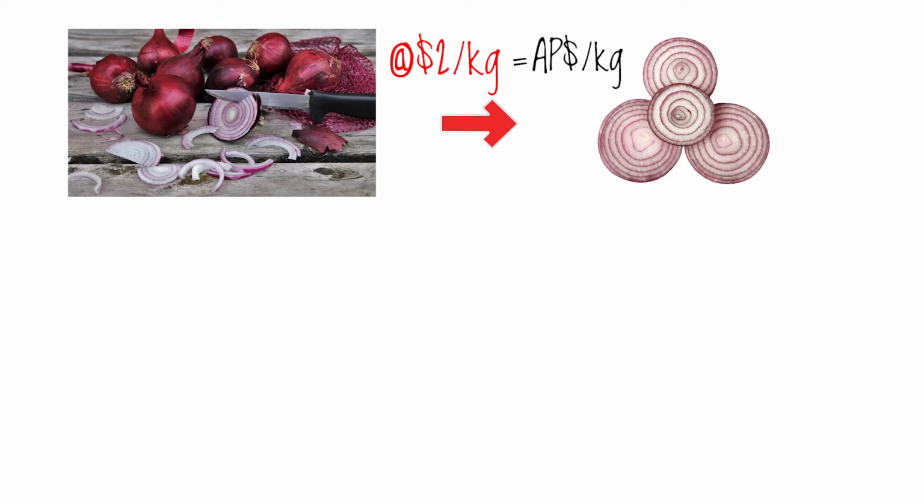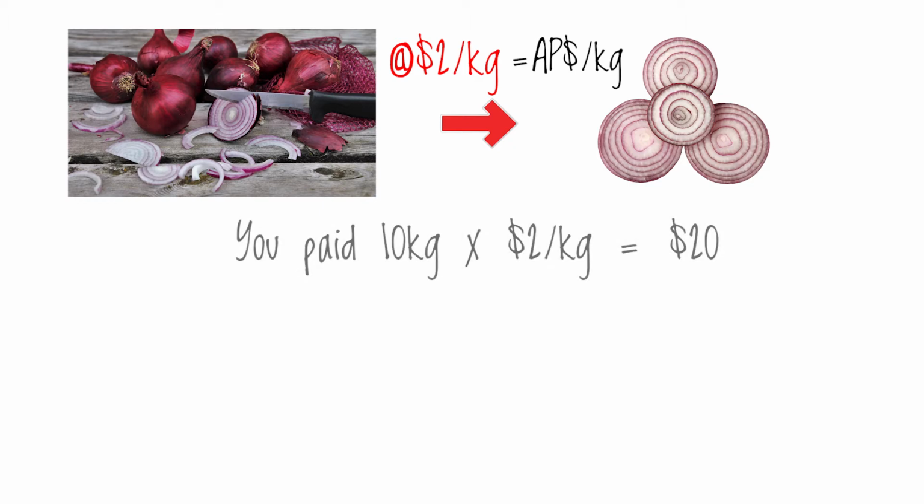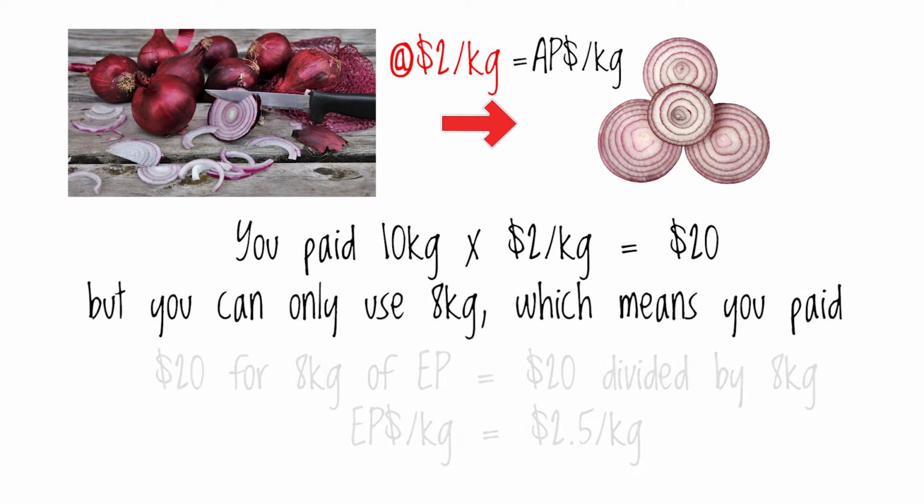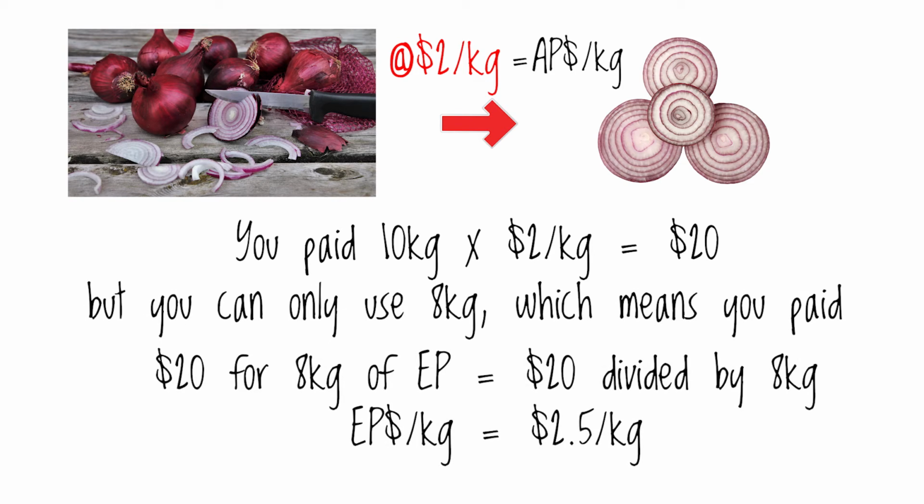The truth is that you still spent the same amount of money, which is $2 per kilo for 10. Just because you had to clean and throw away the peels does not mean you paid less for it. So in this example, you paid $20 for the EP weight of 8 kilos, which means your EP cost is $2.5 per kilo.